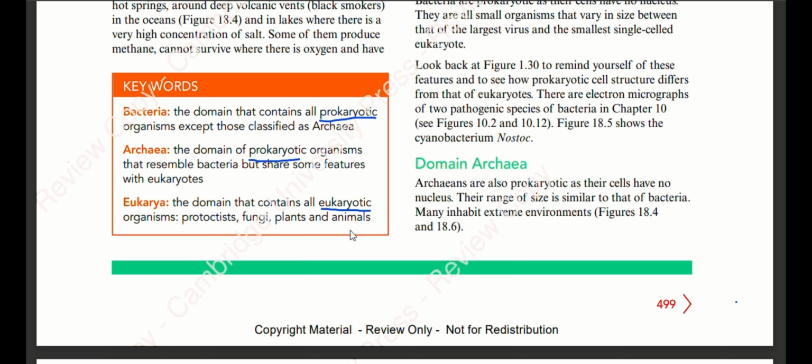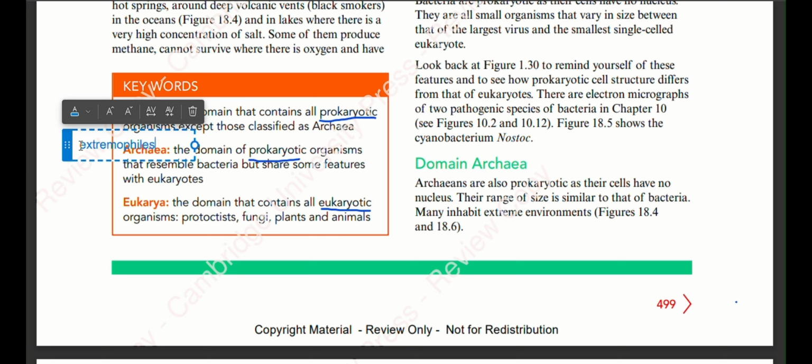But the big difference between bacteria and archaea is that bacteria live under normal environmental conditions, but archaea do not live in normal temperatures. Rather, they can withstand harsh or very high temperatures. So sometimes you will be given this word as well, extremophiles.